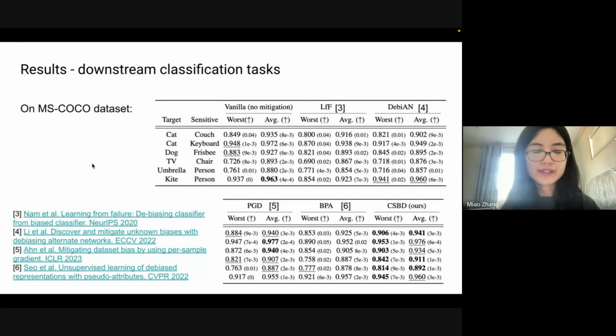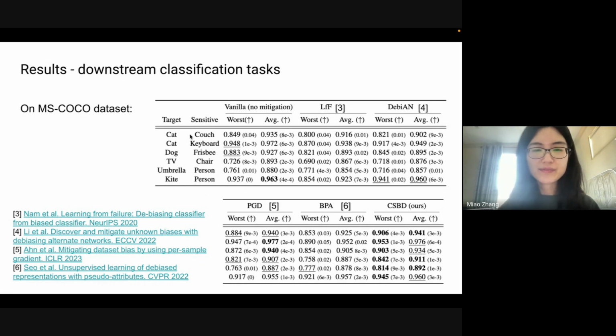Bias modeling is important, both for the discovery stage and the mitigation stage. To prove that the bias we discovered is actually useful, we perform downstream classification tests and see if the vanilla model with no mitigation has shown such bias.